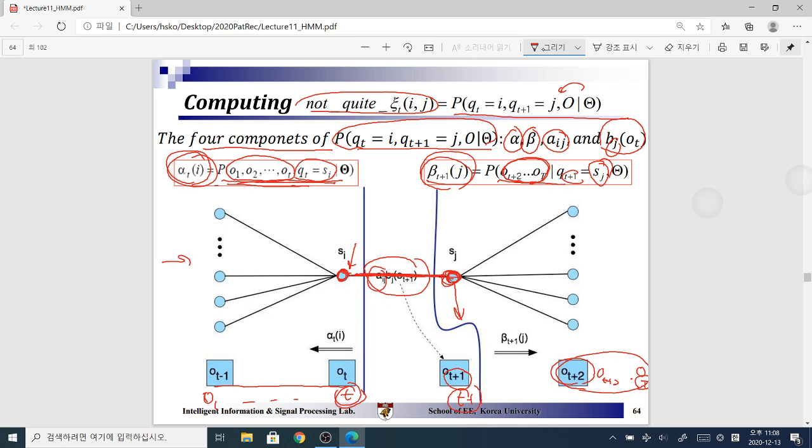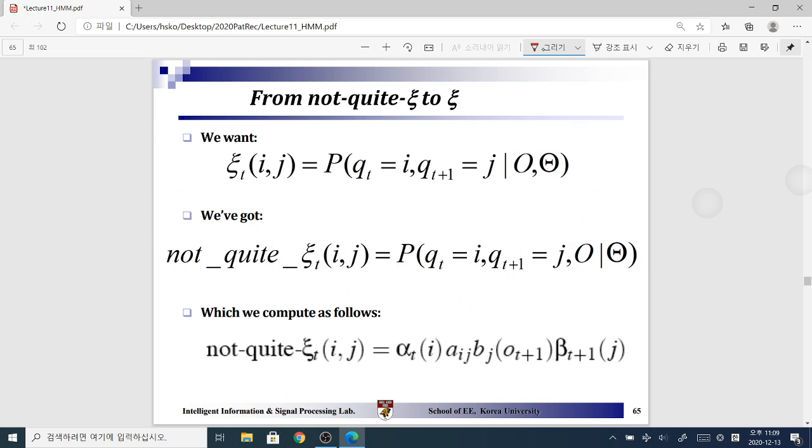So that would be a sub ij multiplied by the emission probability at state j at time t plus 1. So this is how the not quite psi sub t of ij can be computed.